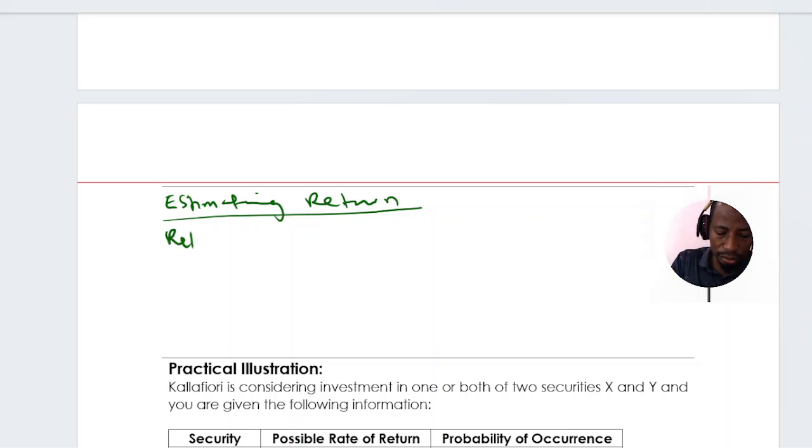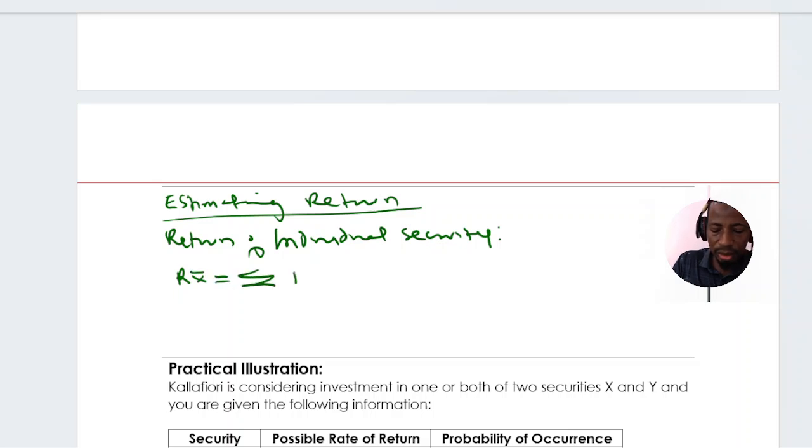So return of individual security. The return of security X will be computed as the summation of probability of X, that is, just multiply the probability with the return of the individual security. So you sum it up. That will give you the expected return of security X.